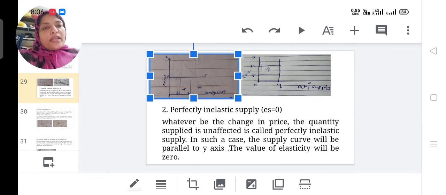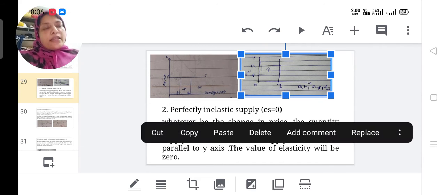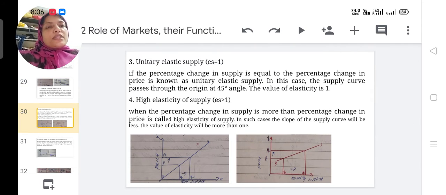Look into this diagram, the supply curve is parallel to the x-axis, that is perfectly elastic. In this diagram, the supply curve is parallel to the y-axis. So it is perfectly inelastic supply. Then the third one is unitary elastic supply.